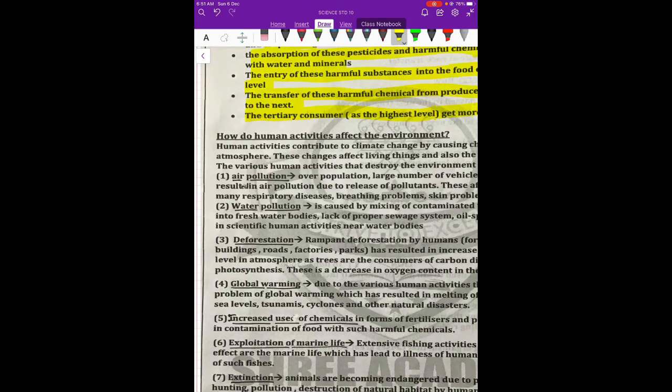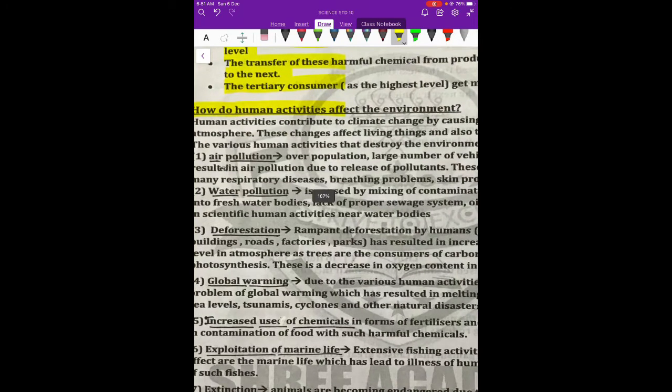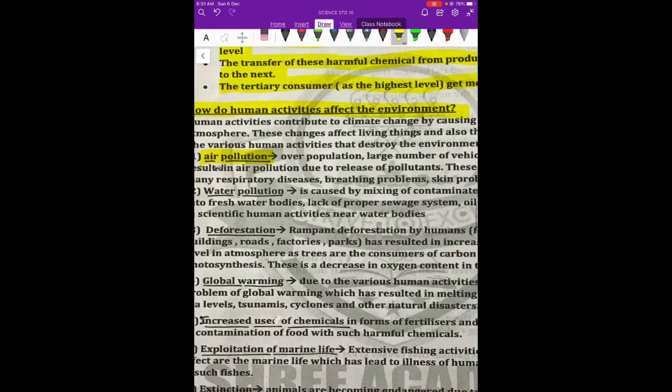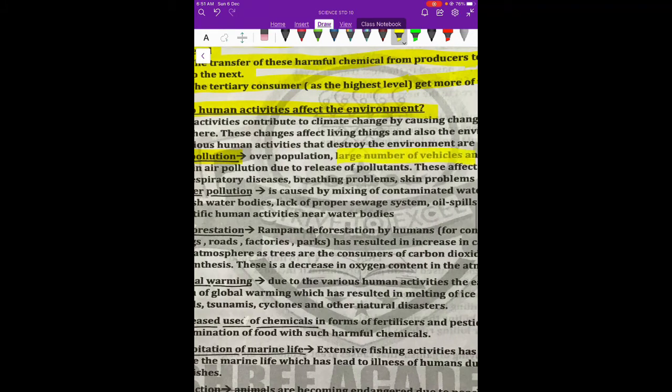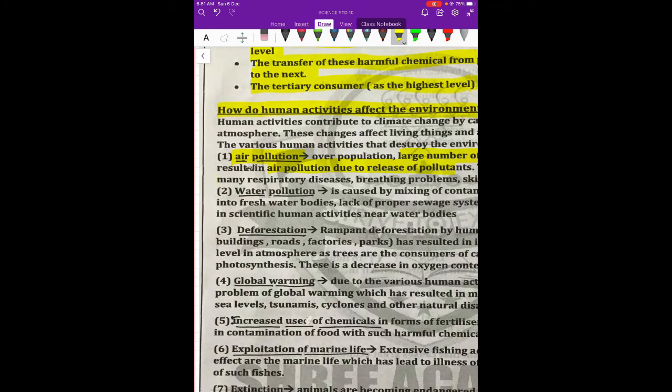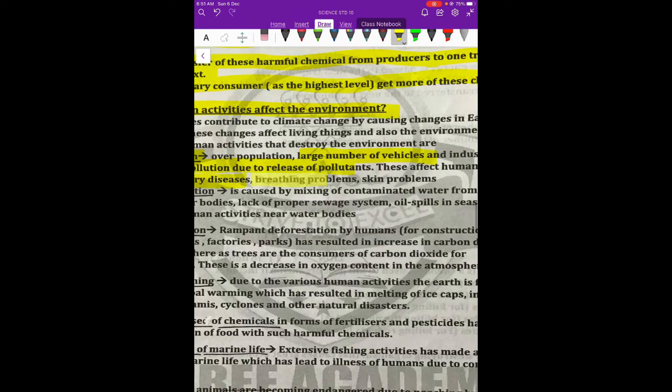Then there is a small topic, how do human activities affect the environment, because we are studying environment. So there are various ways in which human activities destroy the environment. First is air pollution. So due to a large number of vehicles, industries, all these things, continuously air is being polluted with different types of pollutants. This has resulted in many respiratory diseases, breathing diseases, skin problems.